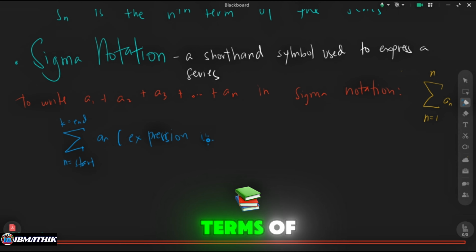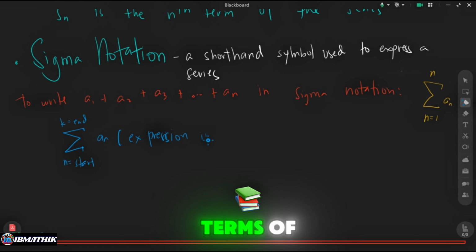That is the sequence. And for the series, 1 plus 3 plus 5 is equal to 9. That will be your series.